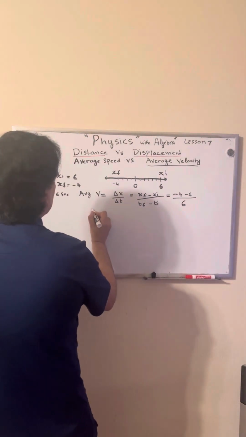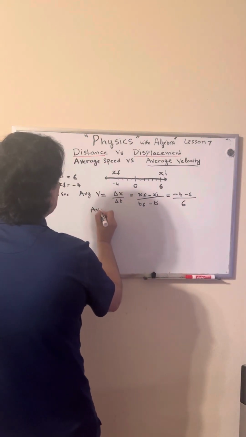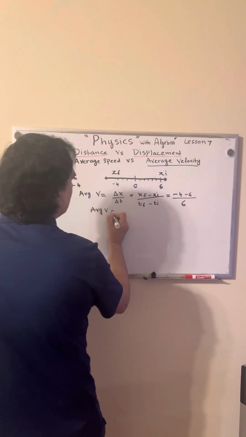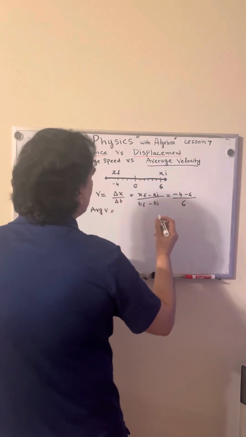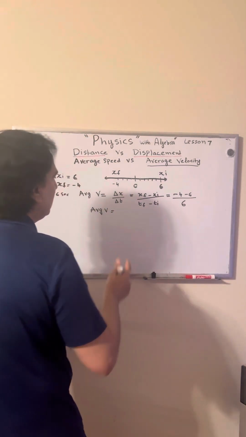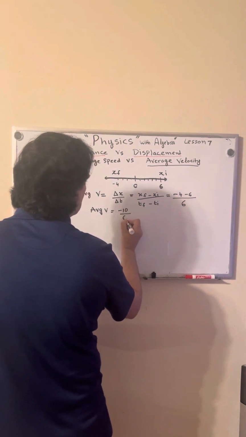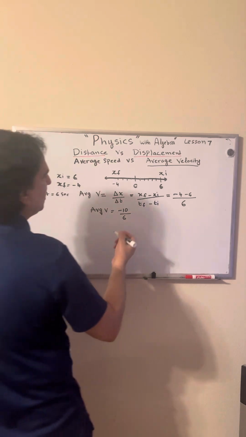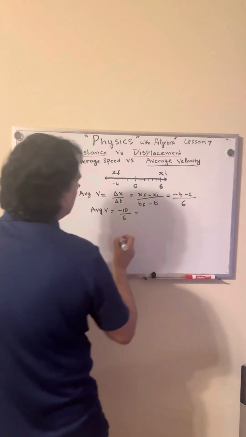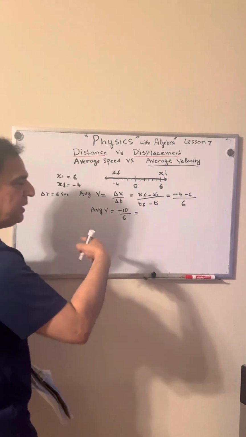So then average velocity is equal to -4 minus 6 is minus 10 over 6. I can simplify this further. I can divide numerator and denominator by 2.